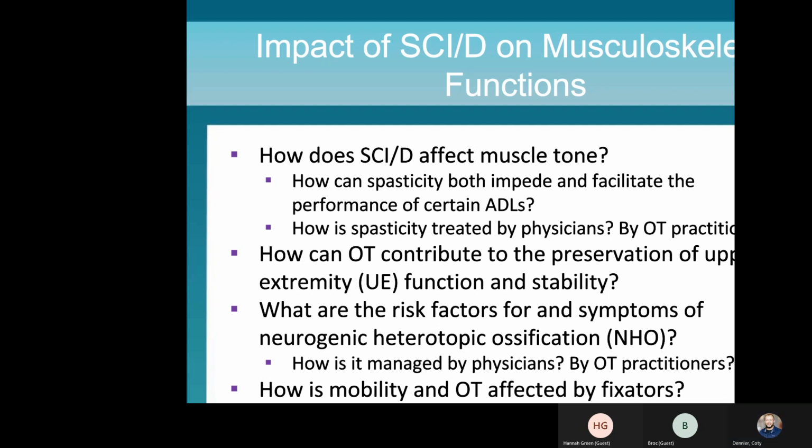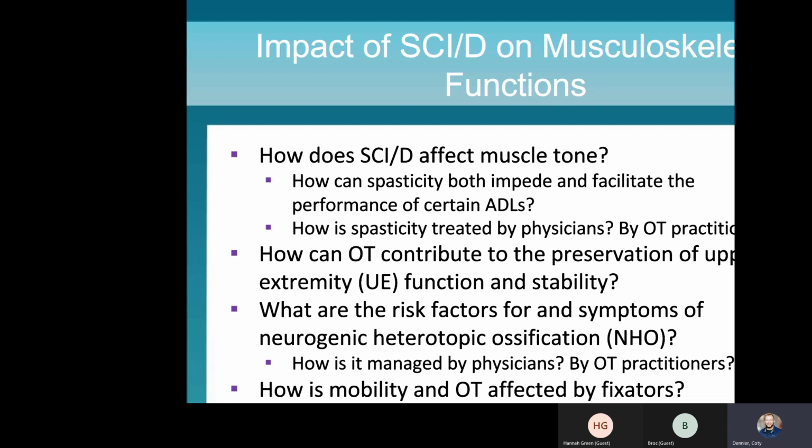Also, you can teach the person to use a sliding board for transfers instead of their shoulders all the time. Because if they're using their shoulders all the time for movement, for transfers, their shoulders tend to get tired. And the shoulder is very easily injured because it's a big joint, but it's very susceptible to injury. So they can switch off and use the sliding board and the shoulders occasionally.